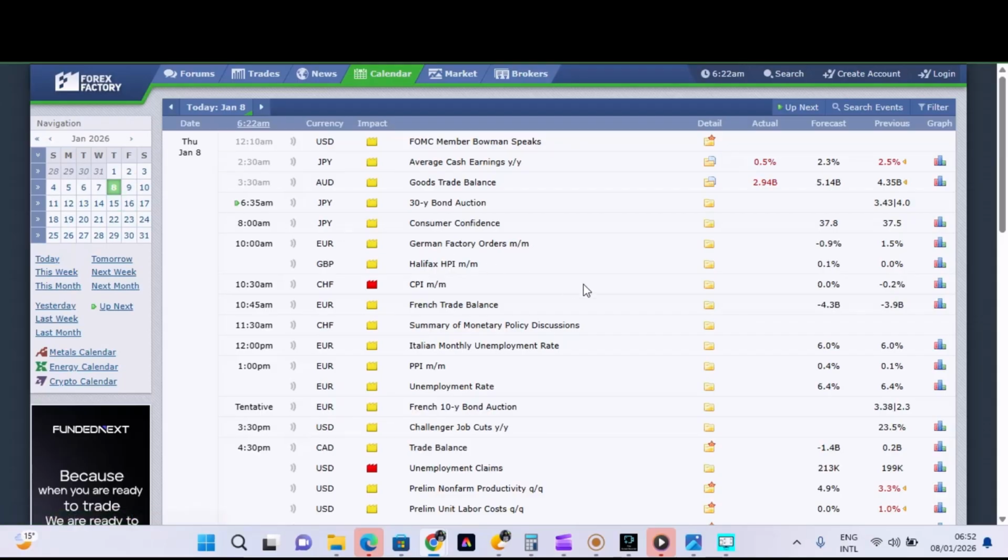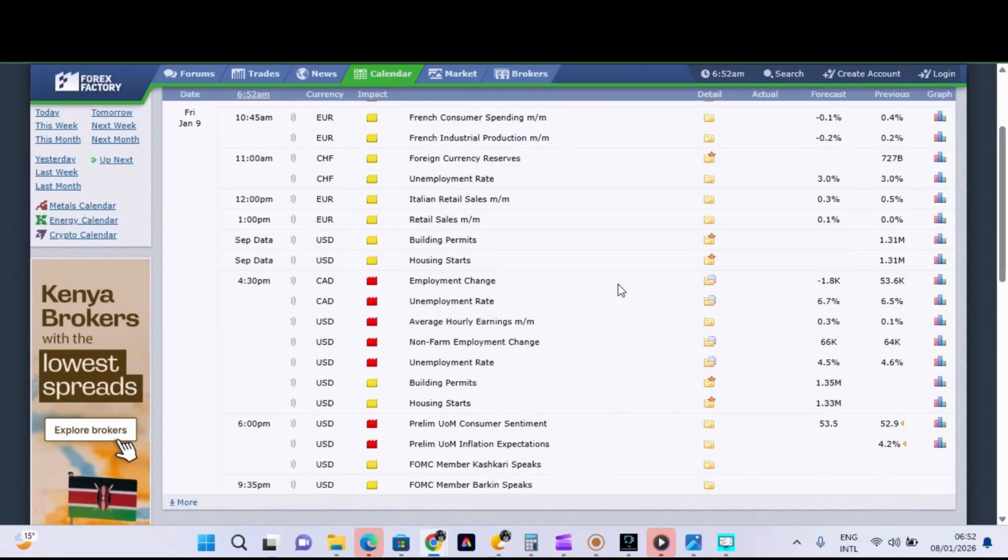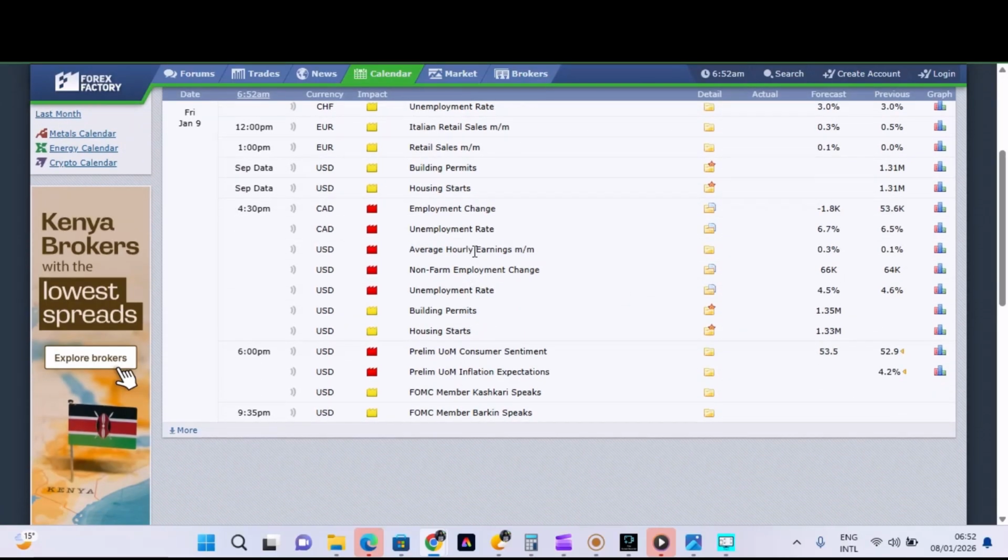Then on Friday we have a crazy Friday, guys. We shall look at it tomorrow, but it's going to be crazy because the Canadian dollar is also having some unemployment rate. But look at US dollar: 1, 2, 3, 4, 5.